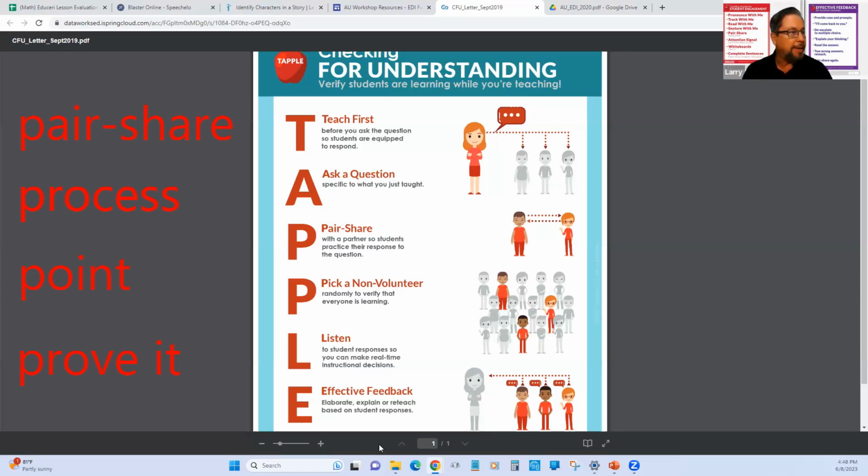Okay, all right. Then after we pair share, of course, we non-volunteer, and then sometimes we'll say, what did your partner say? Did you agree with them? And then pick a non-volunteer, whether it's a whiteboard or sticks. Now, again, how many of you are special resource teachers? Do we have any of those?